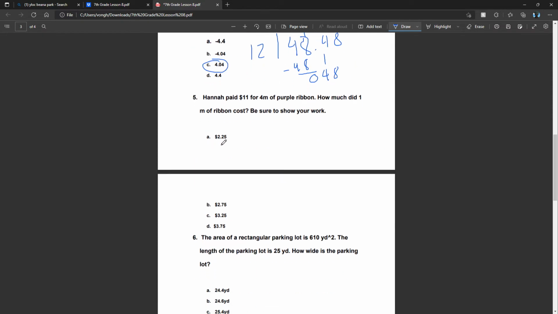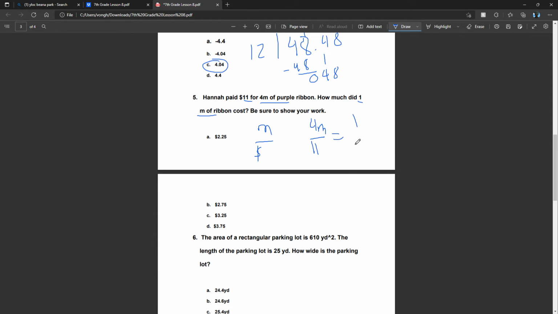So yeah. Hannah paid $11 for 4 meters of purple ribbon. How much did 1 meter of ribbon cost? Same thing, we'll use a proportion. Let's put meters on top and money on the bottom. So 4 meters for $11. This ratio will be the same for 1 meter and its cost.